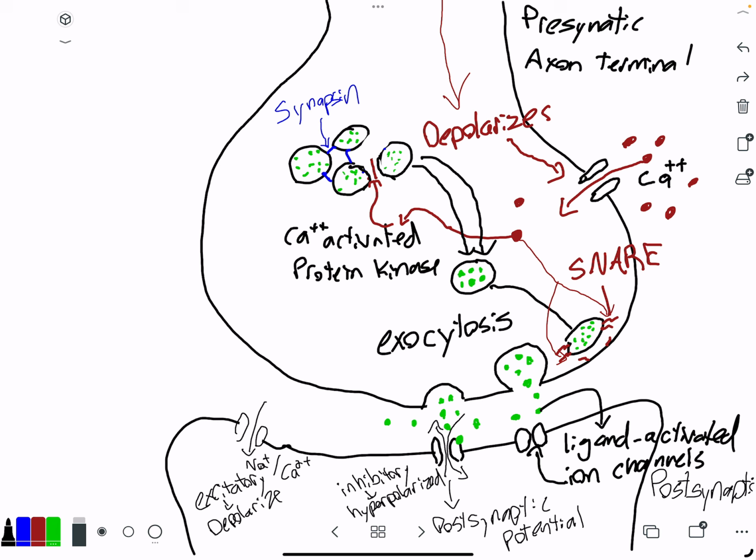For a cell to become hyperpolarized, it means that the inside of the cell is becoming more negative compared to the outside.